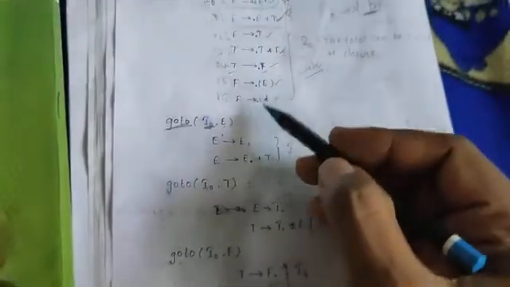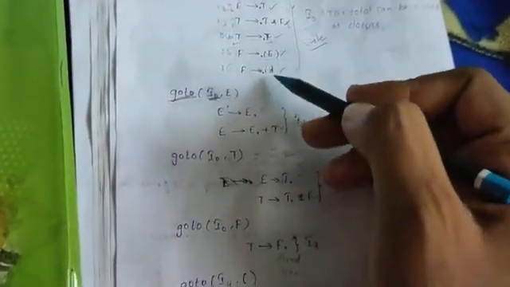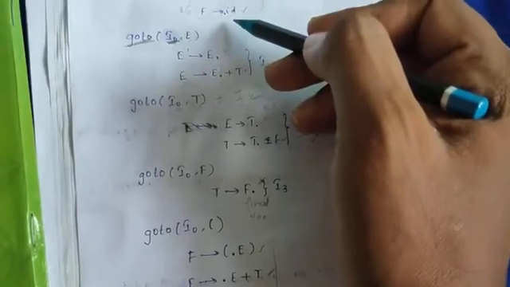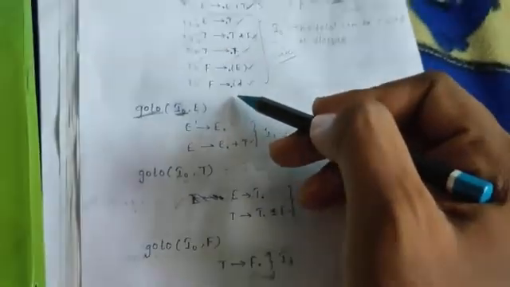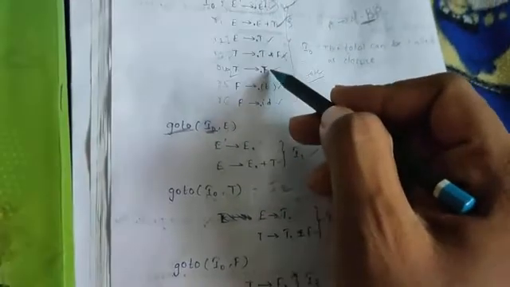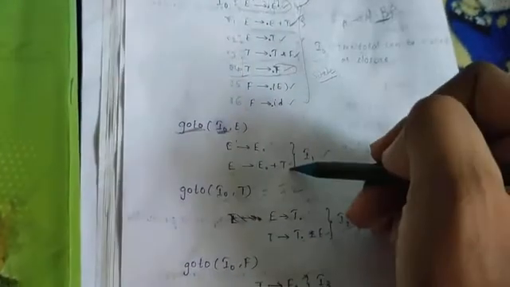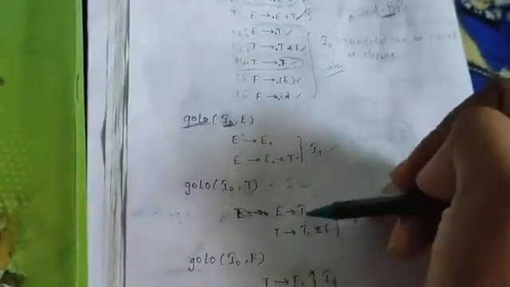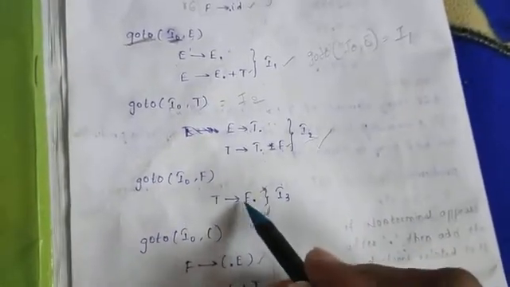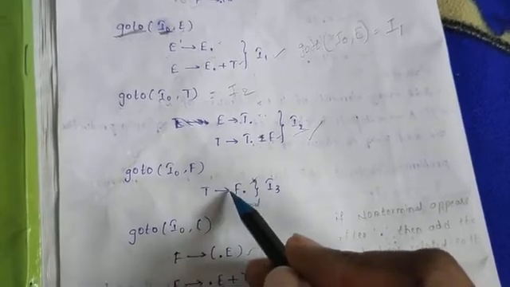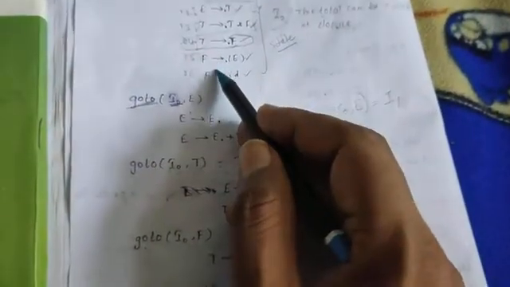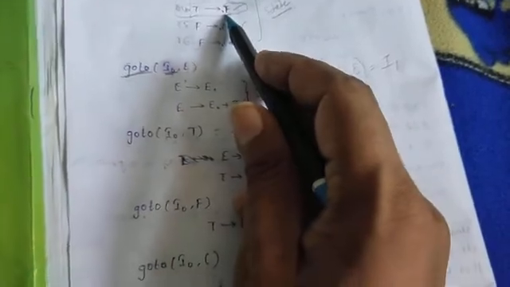Again, we'll go for the third one, that is nothing but T star F. So the first two are completed here, the second two are completed here, and here the dot will be moving by F. So here in I3, the production will be T tends to dot F.